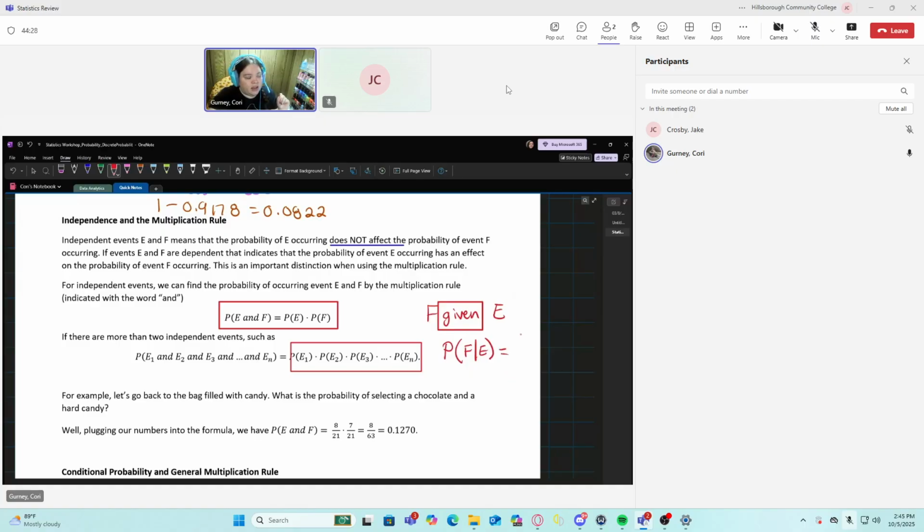And the formula is, I believe, the probability of E and F divided by event E. Let me look at that real quick because I always mess them up. There we go.